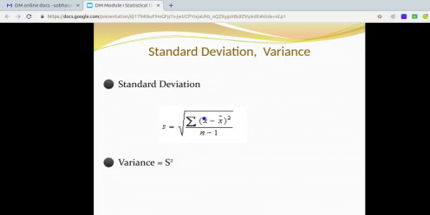If you have n elements in the sample set, first you calculate the average x bar, then take each element, find the difference between mean and value, square it, sum all the squares, divide by n minus 1, that is variance; take the square root, that becomes standard deviation.